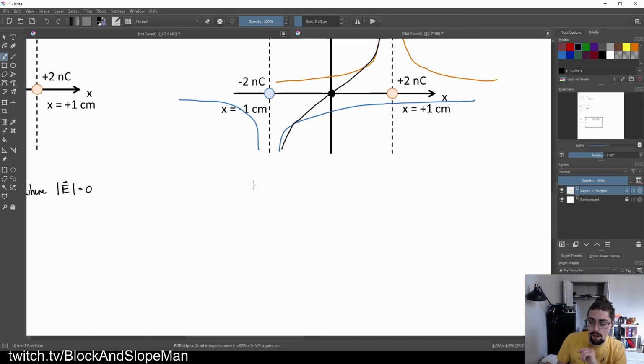The way that I could write that: V net is equal to k Q positive over, if it's 1 centimeter, 0.01, plus k Q negative over 0.01. That spot right in the middle should sum up to be 0. As long as these two charges are equal and opposite, I'm expecting the potential to be 0 right in between them.